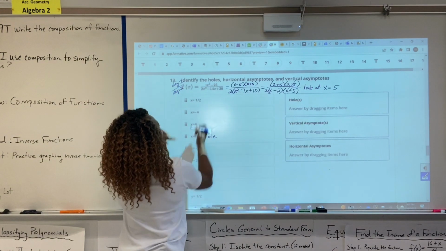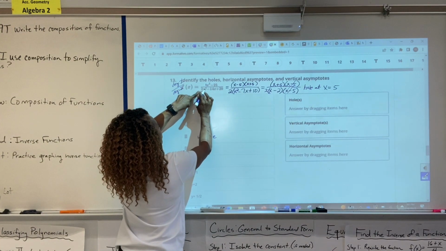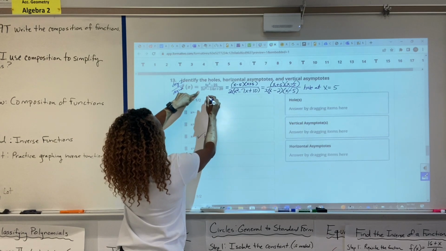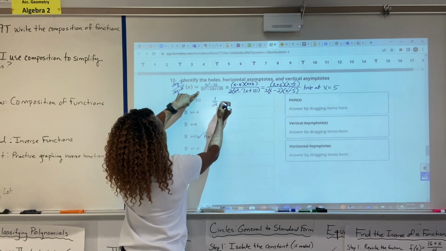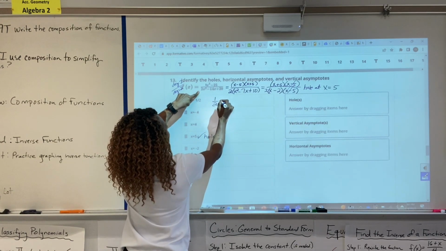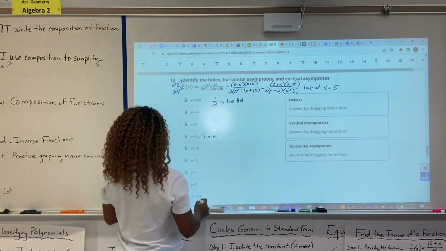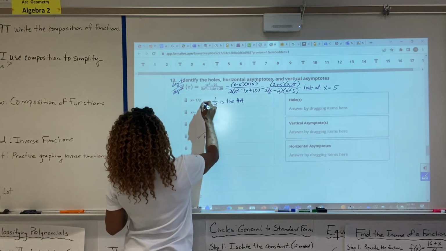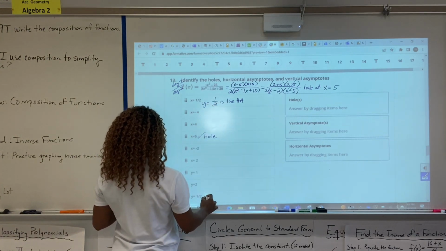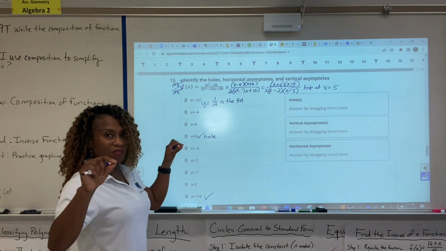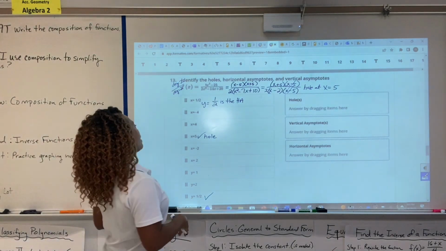There's a 1 here. And B is the lead coefficient for the denominator. So the horizontal asymptote is 1 over 2. Okay? That is the HA. And that'll be y equals that, which is this one. Because a horizontal asymptote is a horizontal line, y equals a value.